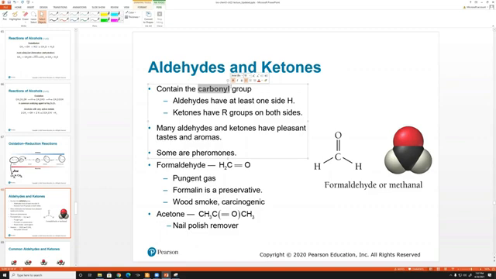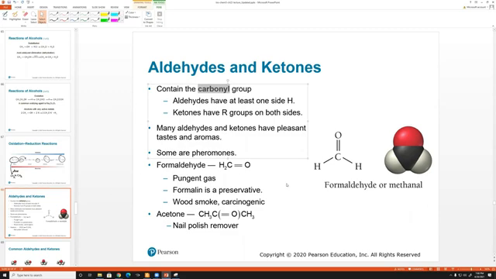That C double bond O part of the structure is the carbonyl group. The question you have to ask yourself is whether the carbonyl group is part of a larger functional group. And usually it is. So it could be an aldehyde, a ketone, an ester, a carboxylic acid, or an amide. So you have a lot to choose from.